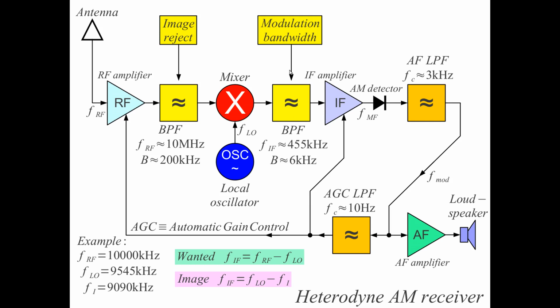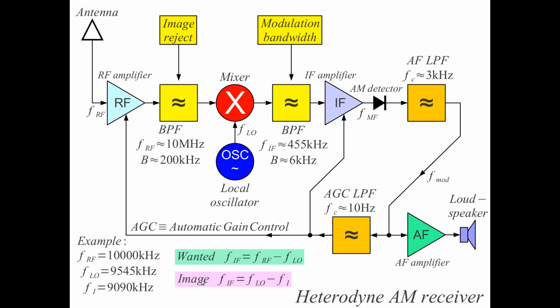So we make our selectivity correspond to the modulation bandwidth of the signal here in the intermediate frequency range. And this can be done because we are with Q loaded below 100. But we also need to remove this image.